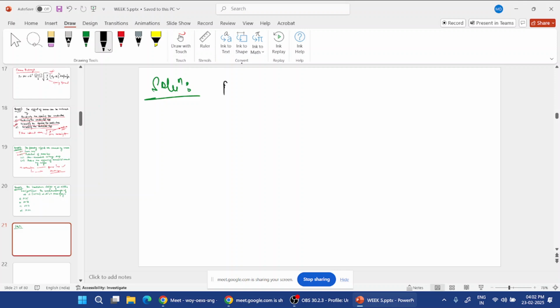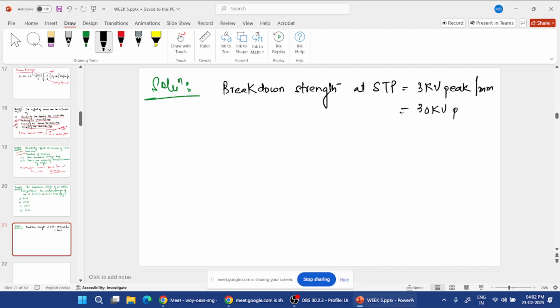So first of all, breakdown strength at STP, standard temperature pressure. What is it given? It is 3 kV peak per mm. So it will be 30 kV peak per centimeter. Okay. Now we have to convert into an RMS. So basically 30 divided by root 2 kV RMS per centimeter.